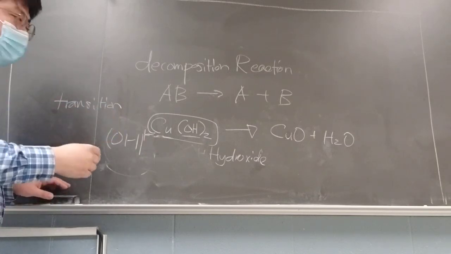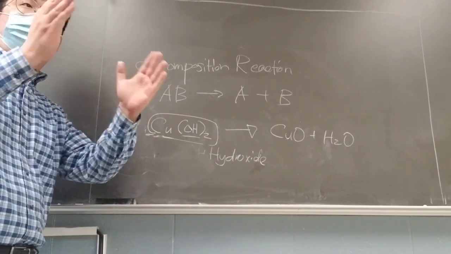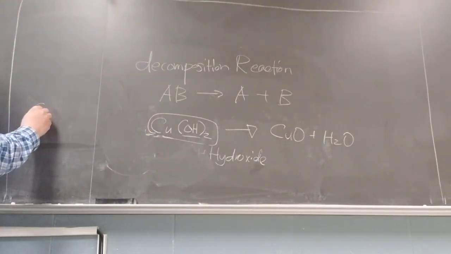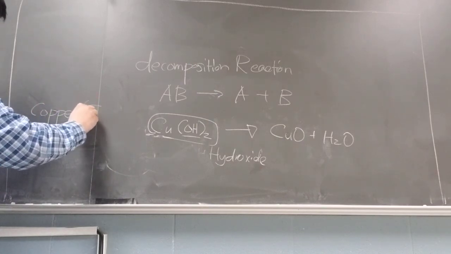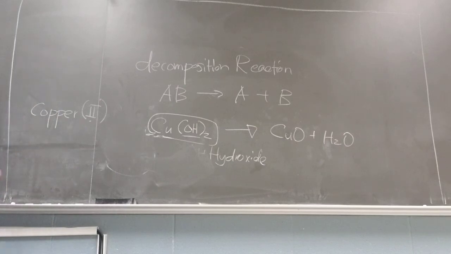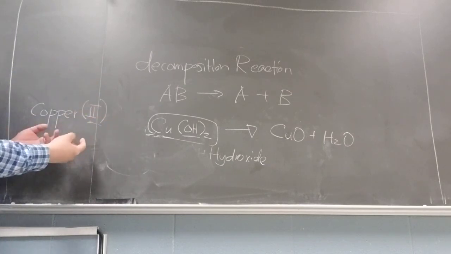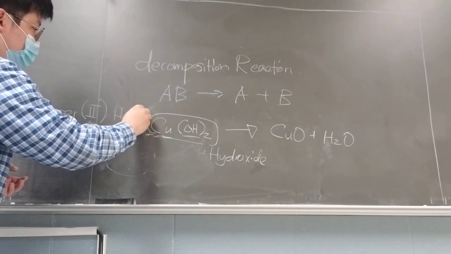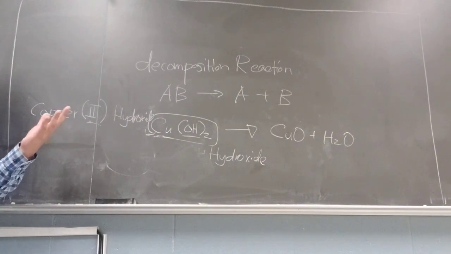Makes sense, right? So when we name this, whatever metal is in the D block of your periodic table, in the transition metal box, you name copper and 2. We normally put the number in Roman numerals, so not just 2, but Roman numeral II, and hydroxide. This is something you can remember for naming ionic compounds.